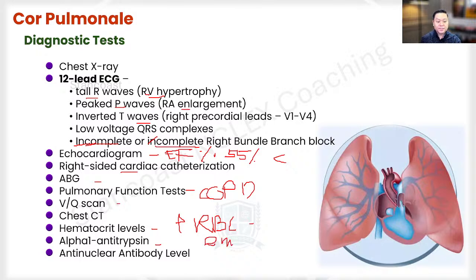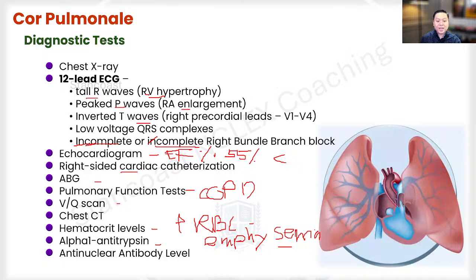Okay. So if they figure out, hey, this is a patient that has a deficiency of alpha-1 antitrypsin, we are going to have to deal with the COPD of the patient, and hopefully this can improve the patient's lung function and also lead to an improvement in the cardiac function.